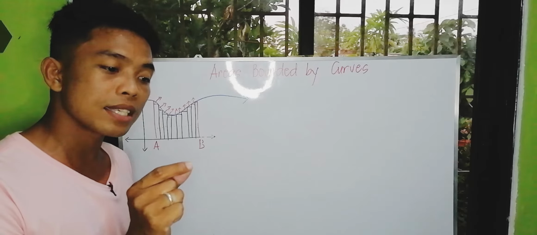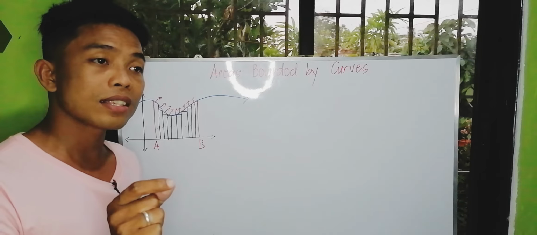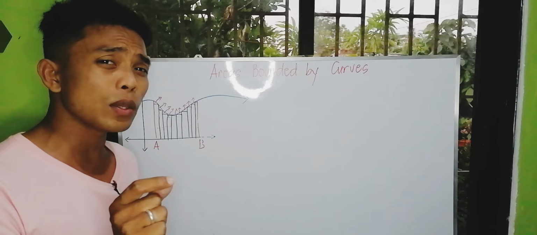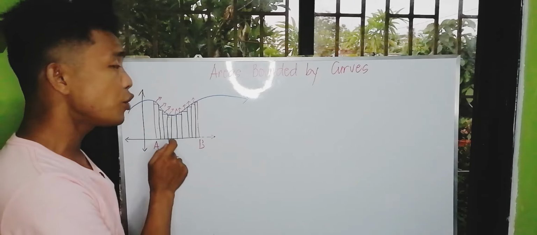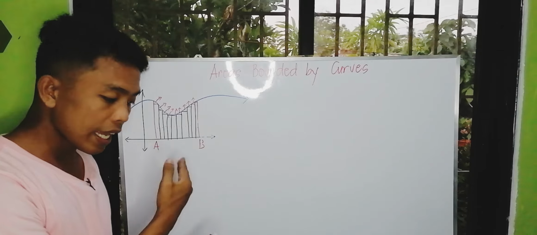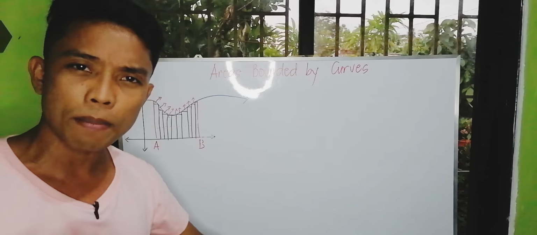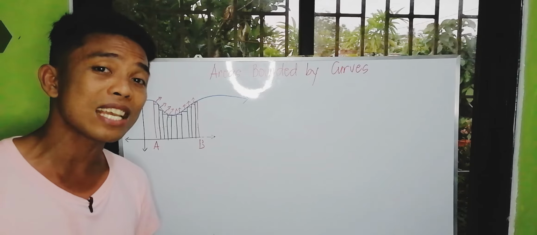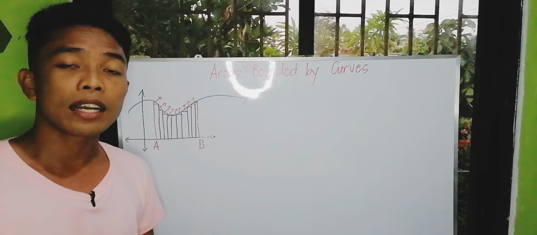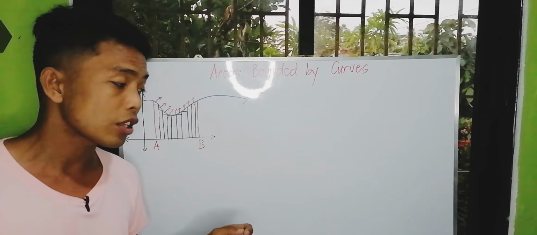Habang mas lumalapit sa zero ang width ng isang rectangle, meaning to say, mas malapit din sa katotohanan yung makukuha nating region. And since we are talking about approximating or approaching zero, we are already referring to limit. We are already touching limit.